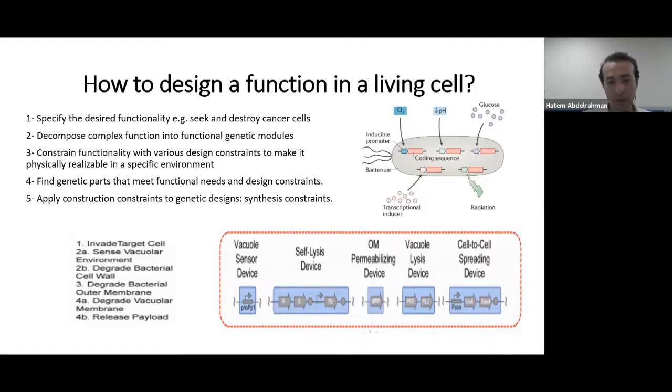Based on this sensing, it can trigger the expression of vacuole lysis genes and also self-lysis genes, so that it can degrade and release its payload to the cancer cytoplasm. And they can also do another function, cell spreading. So you are just breaking the complex function into simpler function modules, and you search for genetic sequences that encode these sub-functions.